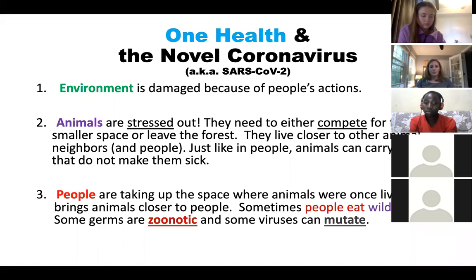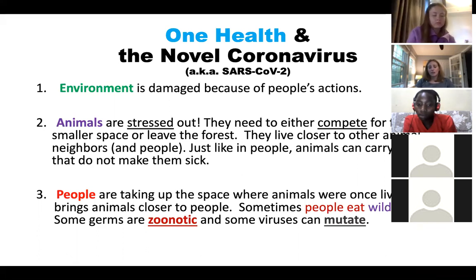So when it comes to people getting closer to animals, it can happen in the forest when we go hunting. It can happen in live animal markets, those really big markets where there are animals who are still alive, meant for human consumption. And the reason why that's a major concern is because there are a lot of different species on top of each other in cages.